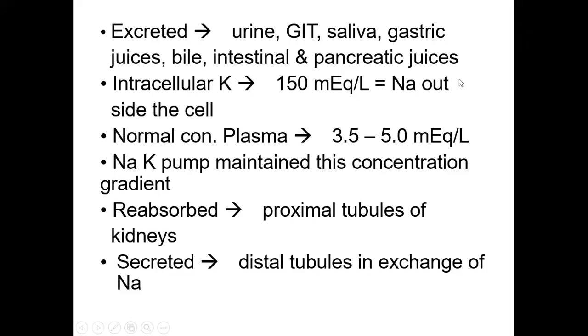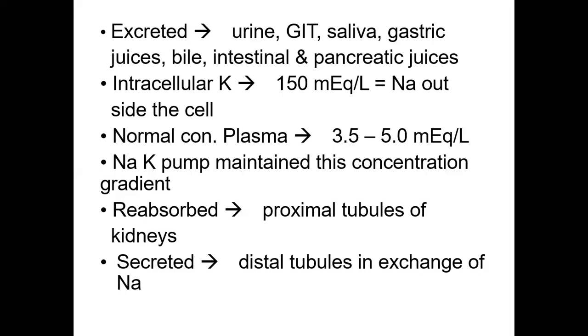Now, intracellular concentration of potassium is 150, which is around about equal to that of sodium, which is outside the cell. So, extracellular sodium concentration is about 150 milliequivalents per liter. And if you remember from the last lecture, sodium concentration outside the cell was around about 140 milliequivalents per liter. So, it is somewhat equal to that. Now, moving on to the normal plasma concentration.